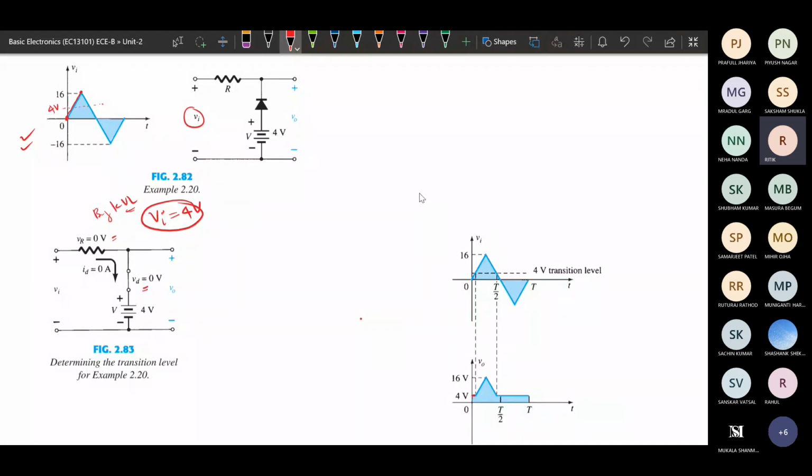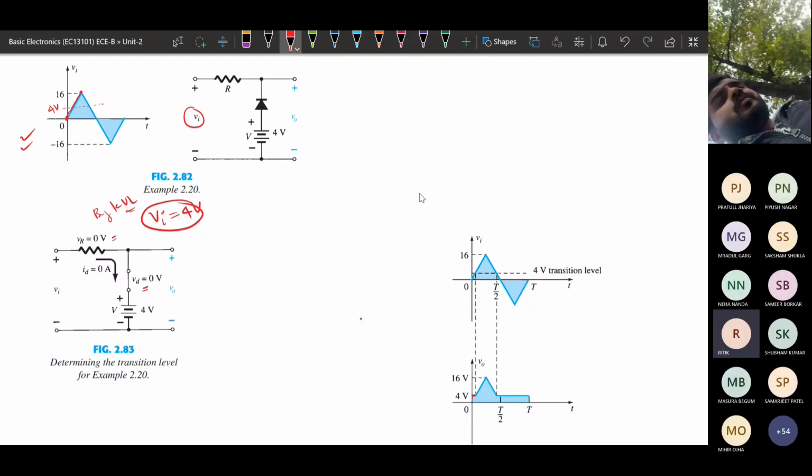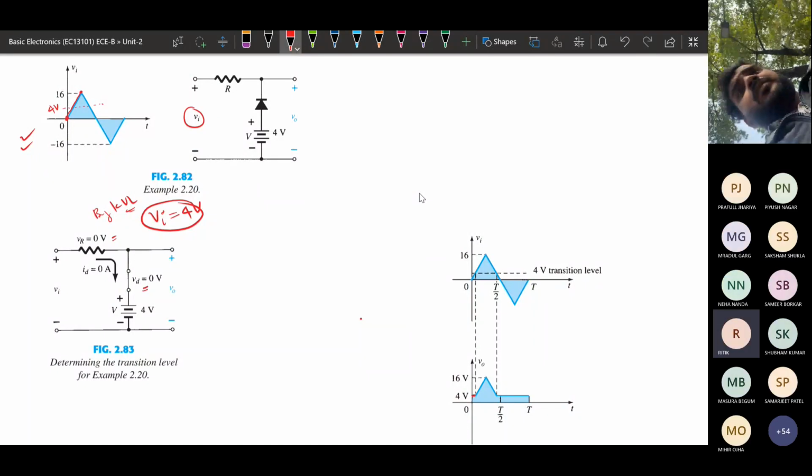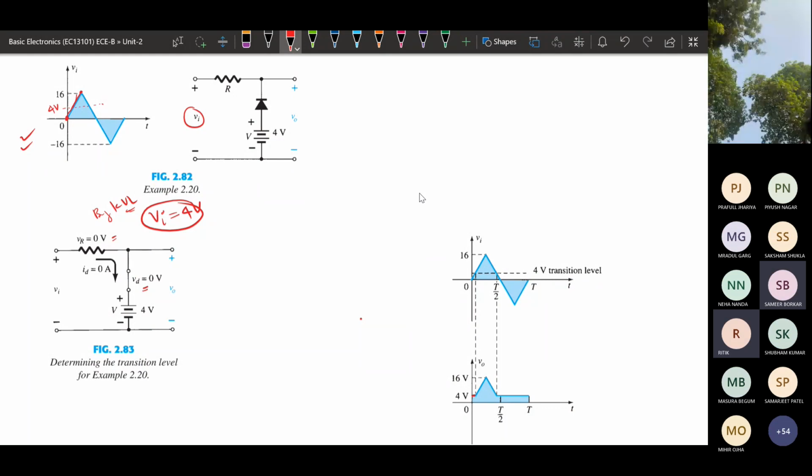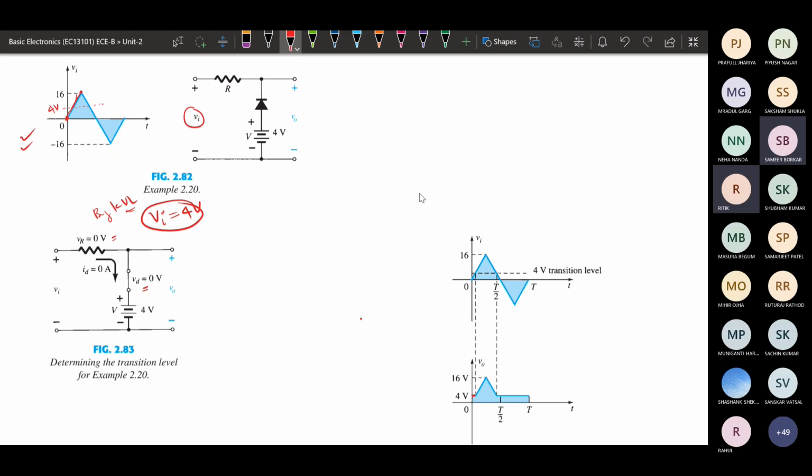Once we apply an input voltage greater than 4 volt, beyond this 4 volt, suppose it is 5 volt, so here 5 volt is applied, here 4 volt is applied, so this diode will be behaving like a reverse bias.